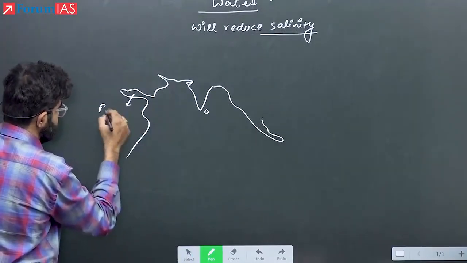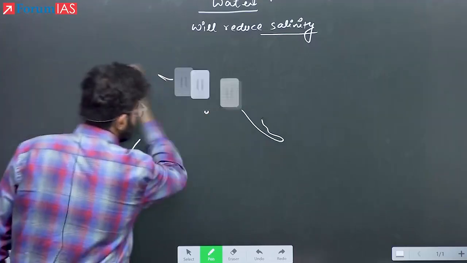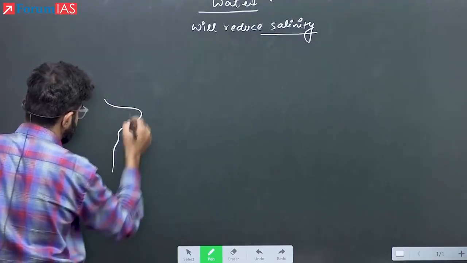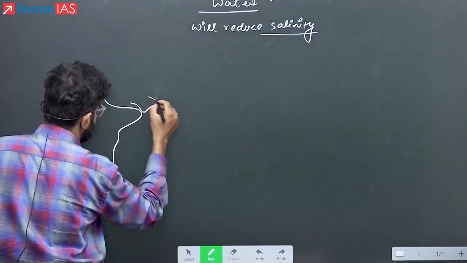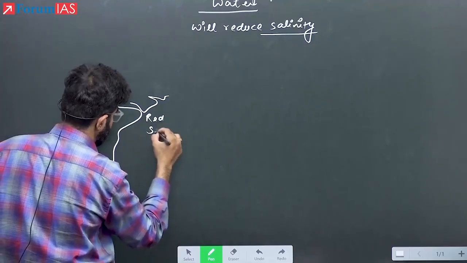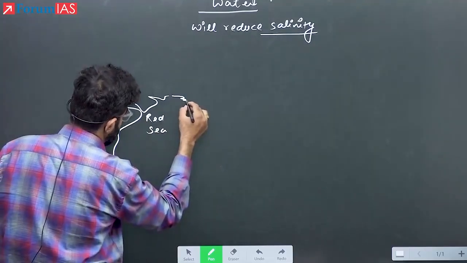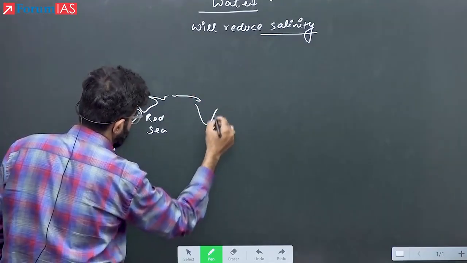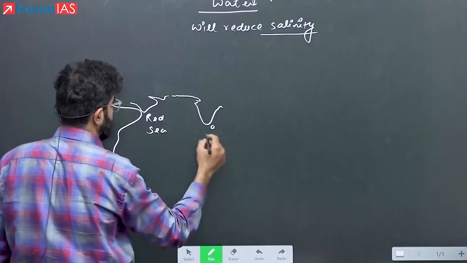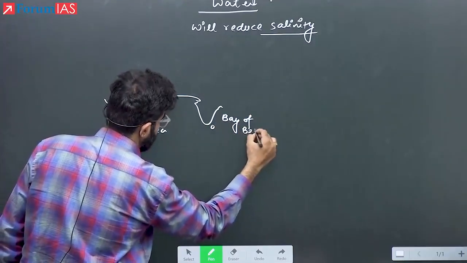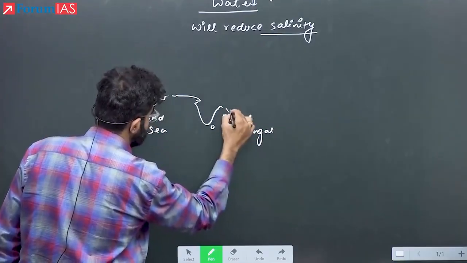Here is our Red Sea. Bay of Bengal is this one.